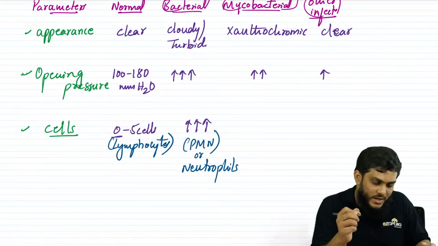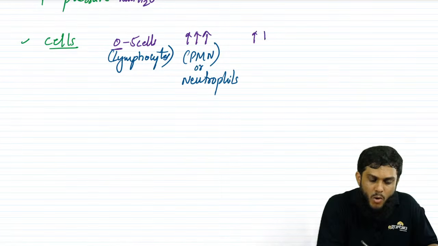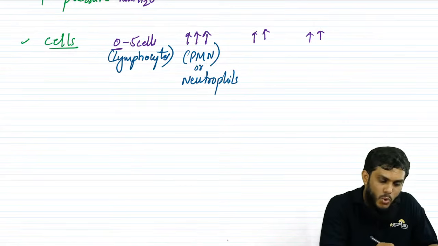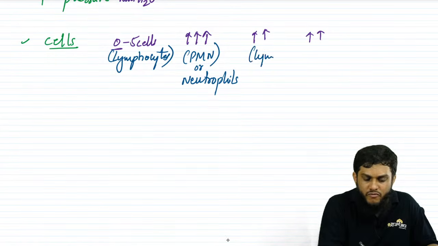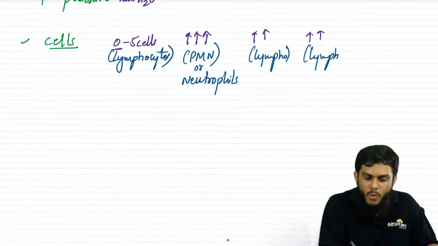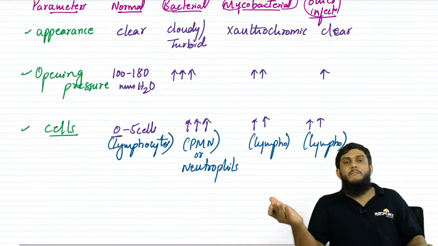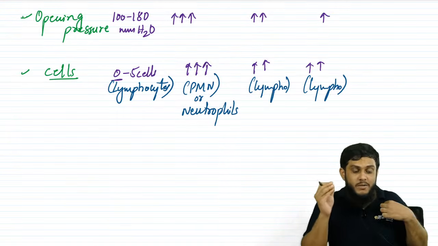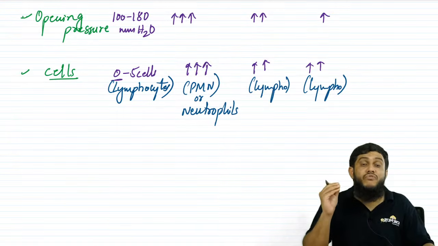If the cells are increased but only moderately, and those increased cells are lymphocytes, then you can think of mycobacterial or other meningitis, that is viral, fungal, or parasitic. The only change we see in bacterial meningitis is that neutrophils are increased.